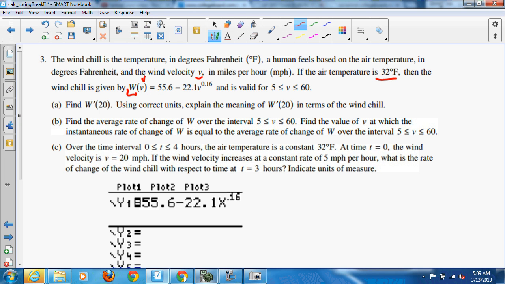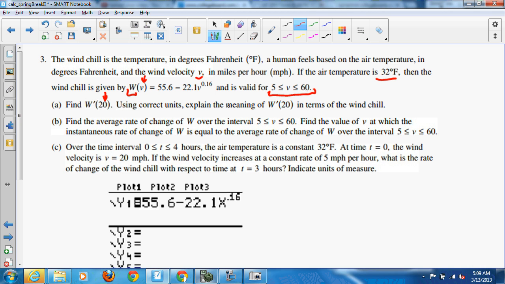So, with respect to velocity, and this formula is valid for wind speeds 5 to 60 miles an hour. So they want us to find the derivative at 20 miles an hour. So that's definitely in our range.